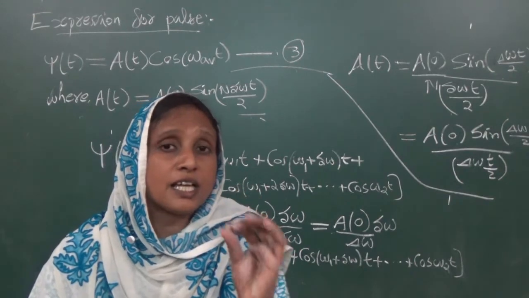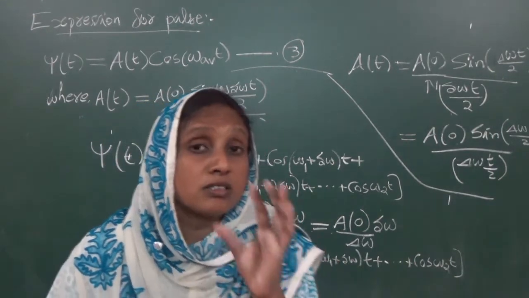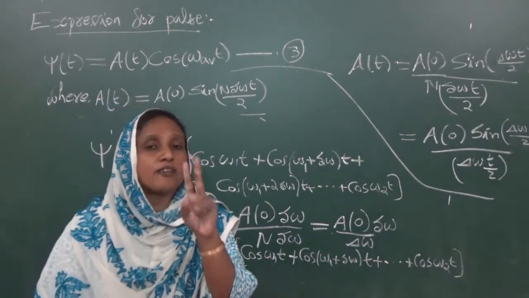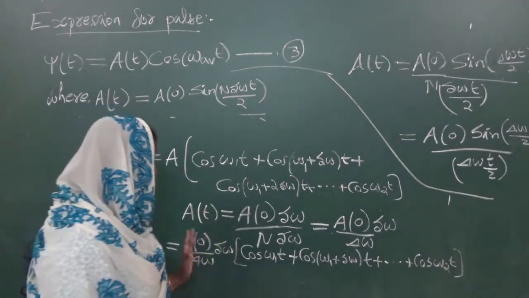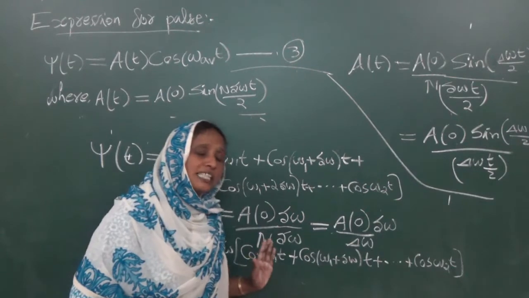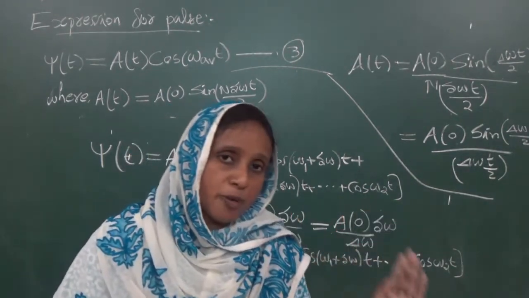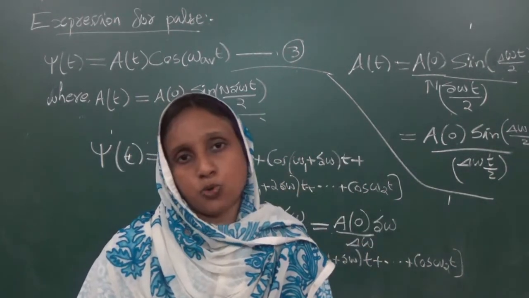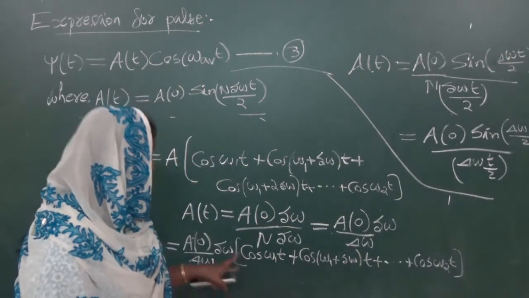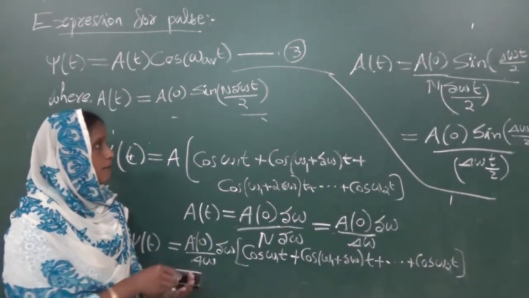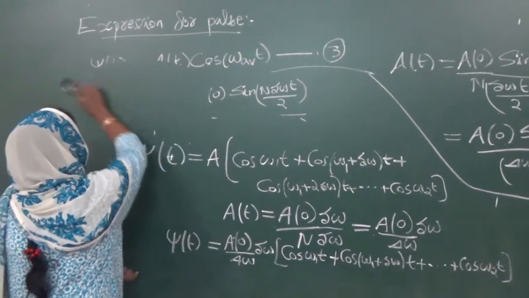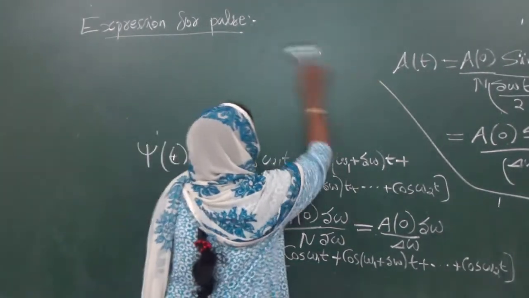That means any equipment cannot resolve these nearby frequencies. So we can assume that our frequency distribution is continuous from omega 1 to omega 2. So we can replace this summation with a corresponding integral. I can write the integral here.